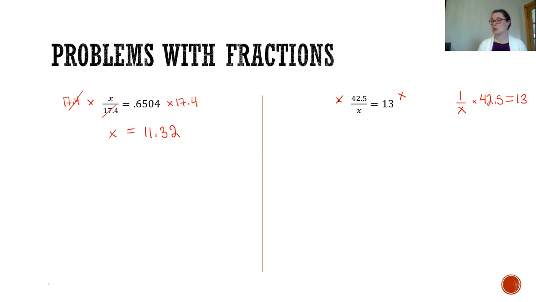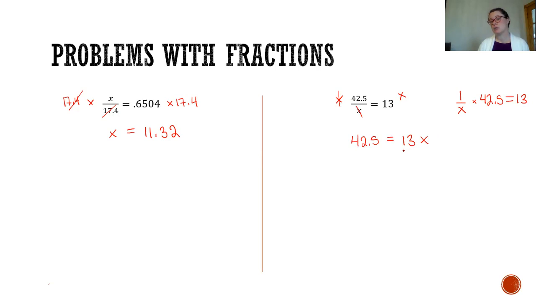So we're going to multiply both sides by x. This x and this x cancel out. So now we have 42.5 equals 13x. Now we're down to easy stuff. We're just like ratio questions. If you want to think back to ratios, this is one of the ways you can do these questions.